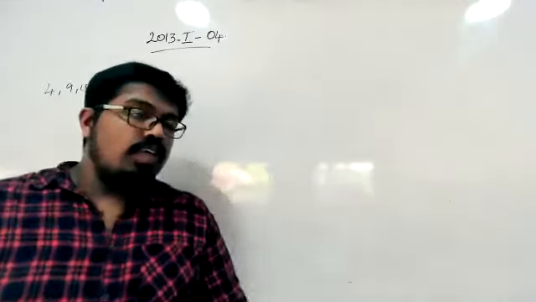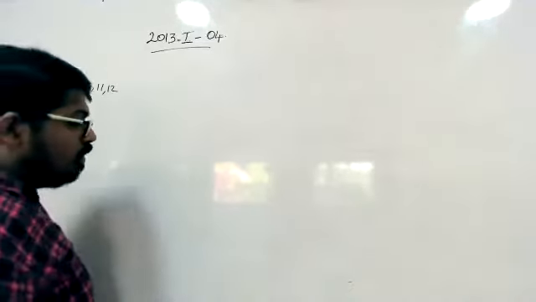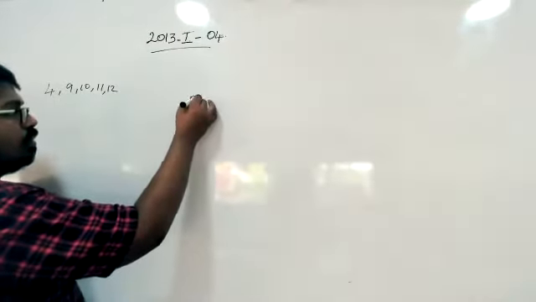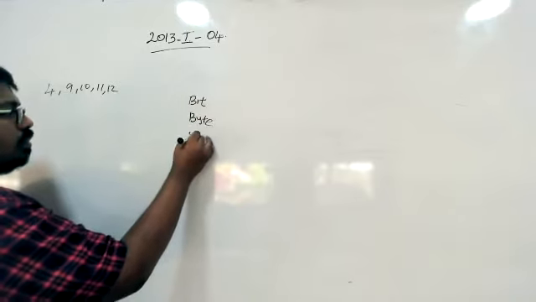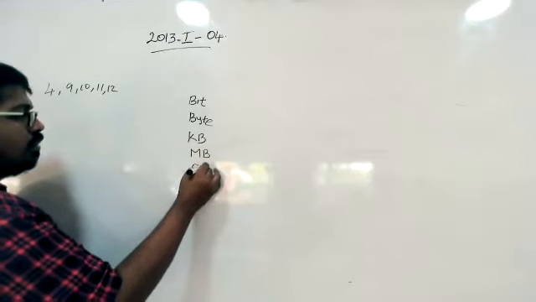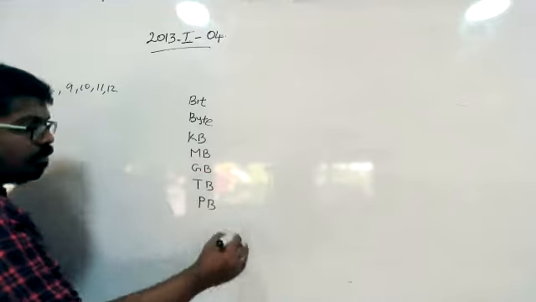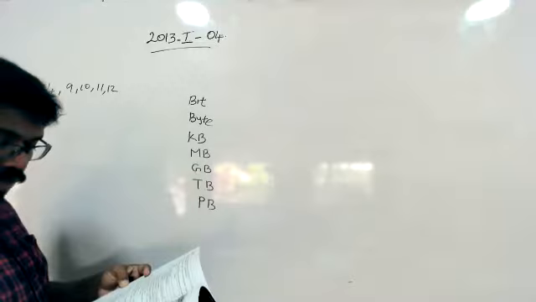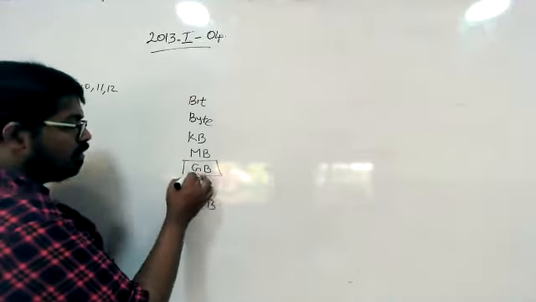So when you are having these kinds of conversion, you have to write the order: bit, byte, kilobyte, megabyte, gigabyte, terabyte, petabyte. The given unit is GB.